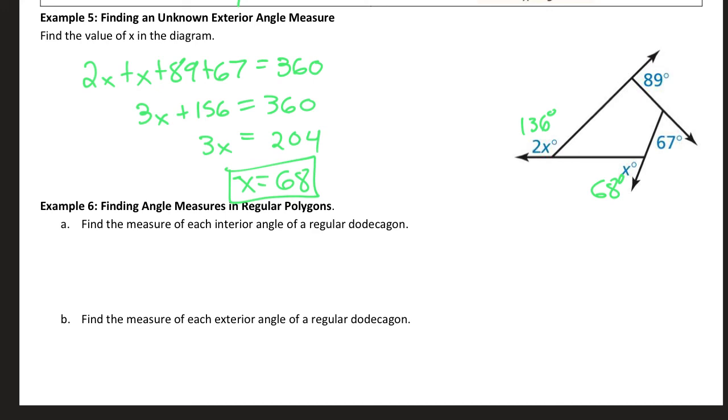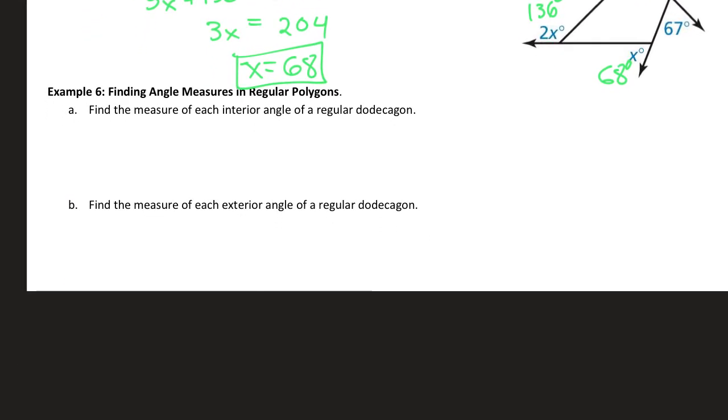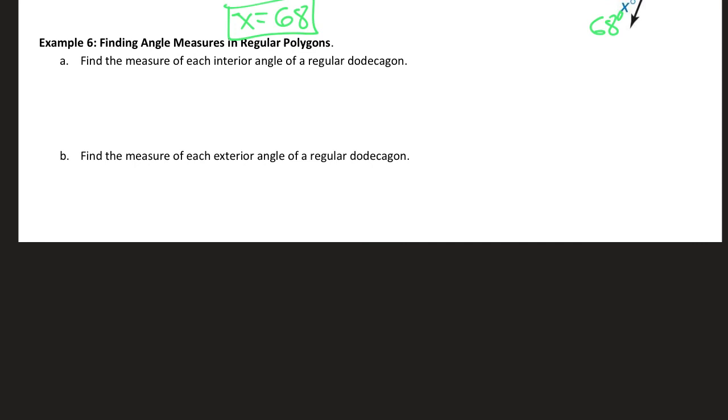So, last example, example 6 here, says we're going to find the angle measures in a regular polygon. So it says find the measure of each interior angle of a regular dodecagon. So right here I'll give you a dodecagon has 12 sides, and it would help to know the interior angle sum of a dodecagon.